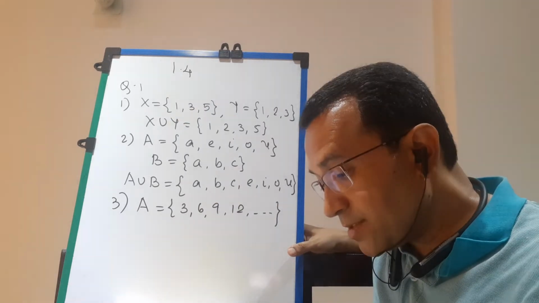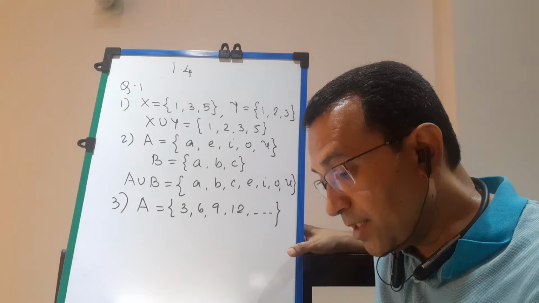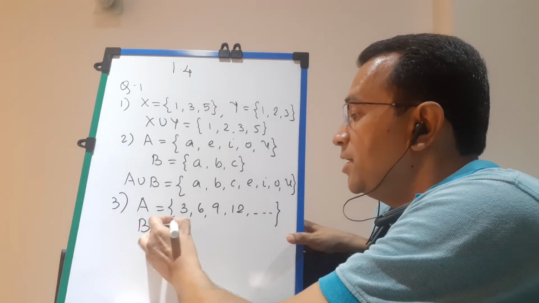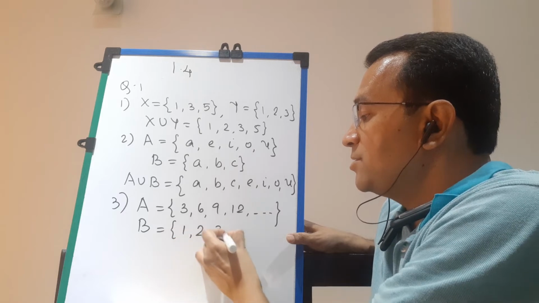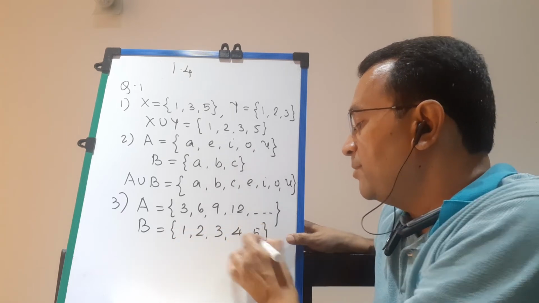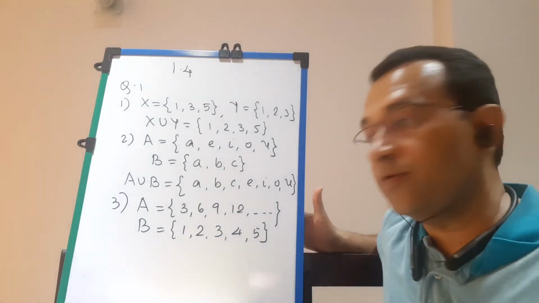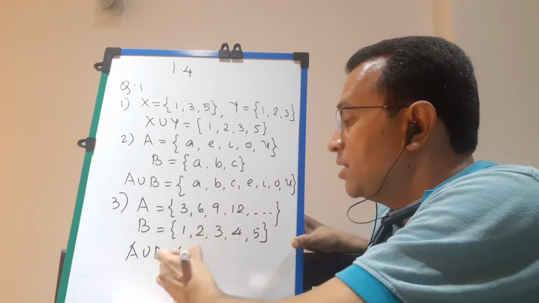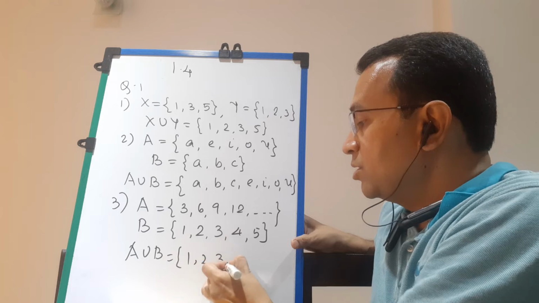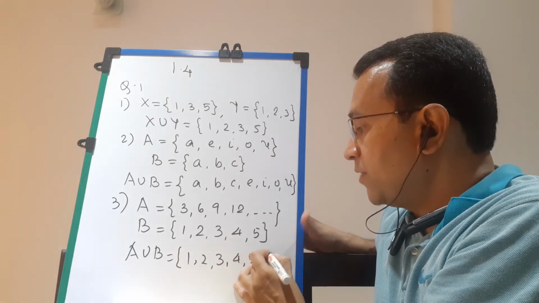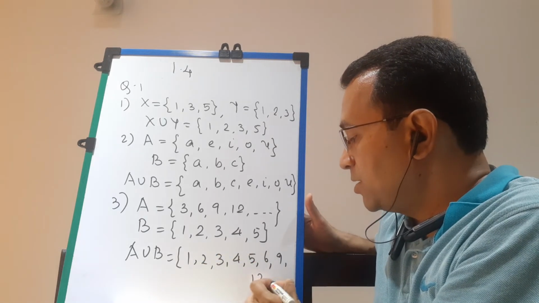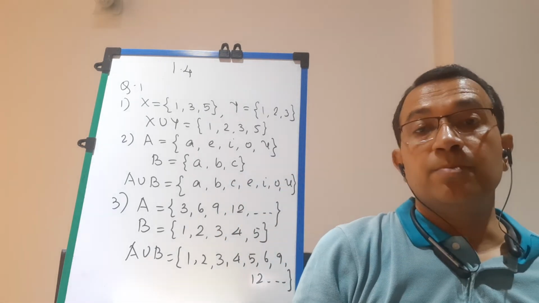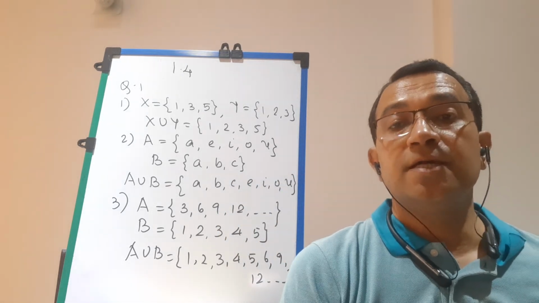B is equal to x such that x is a natural number less than 6. Natural numbers less than 6 give the set 1, 2, 3, 4, 5. If I want to operate A union B, then 1, 2, 3, 4, 5, 6, 9, 12 and onwards. Our union will be an infinite set because set A is an infinite set.